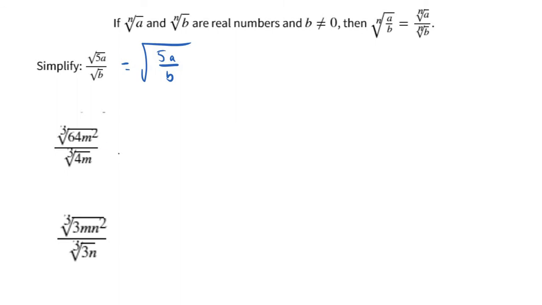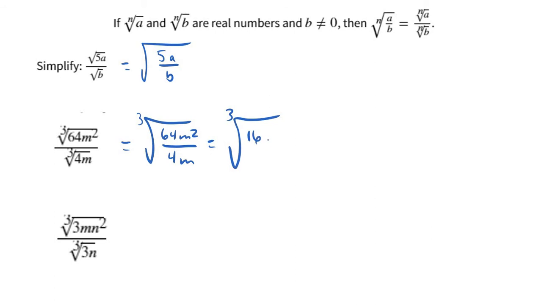Okay, cube roots, again, get a little tricky, but let's try these. So I could write this as the cube root of 64m squared over 4m. Well, let's simplify that. So 64 divided by 4, what is that? 16. So 16, m squared over m would be m.